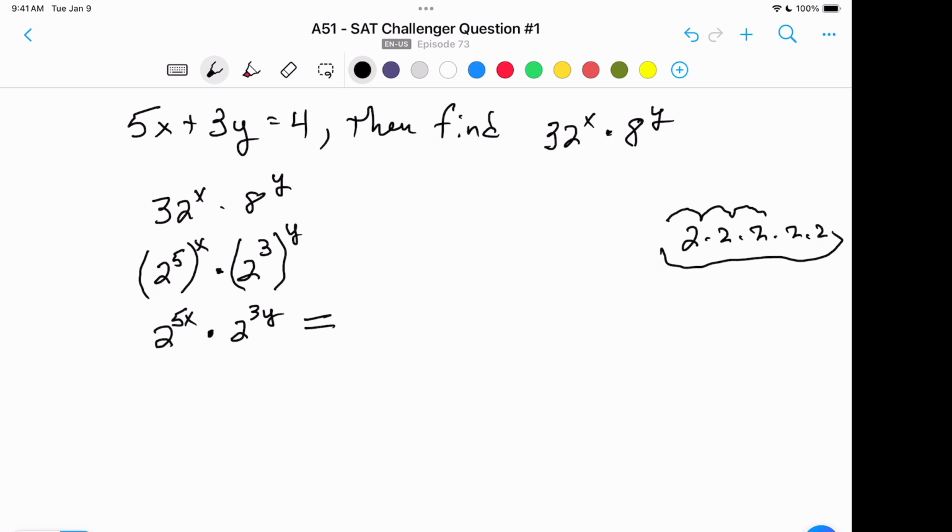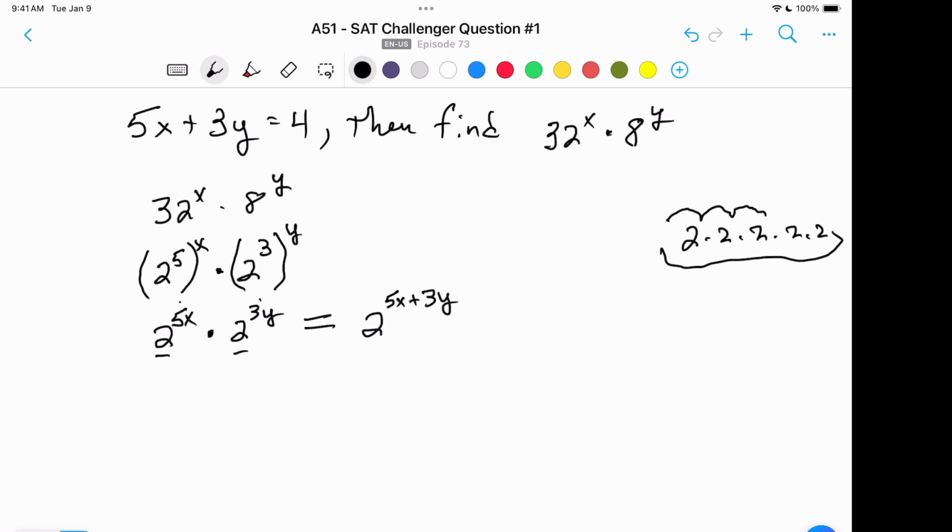Next step, we're going to find the answer. When you multiply two things with the same base, these exponents get added together in this case, not multiplied, because they're not exponents of each other, they're multiples of each other. So this will become 2 to the 5x plus 3y.